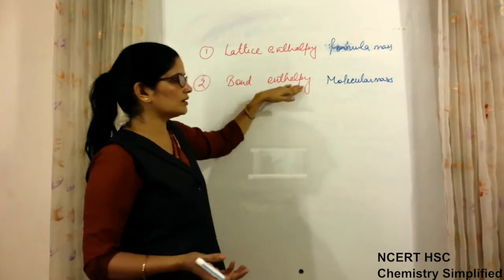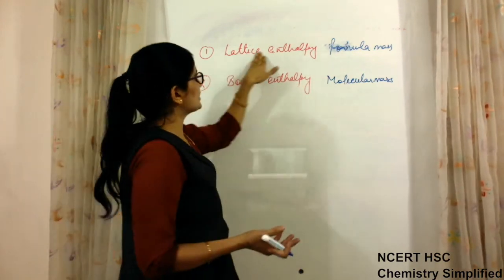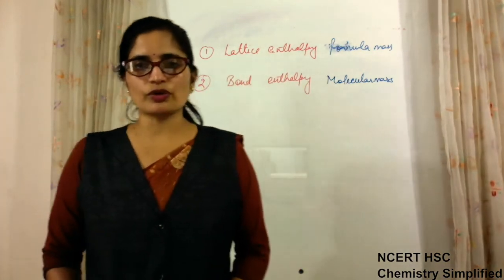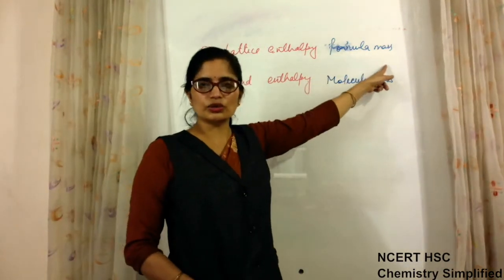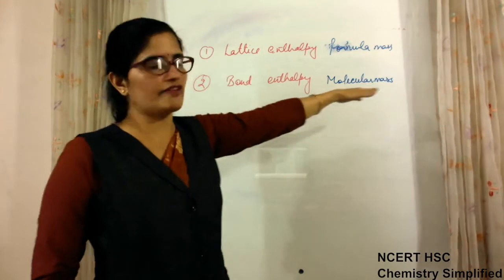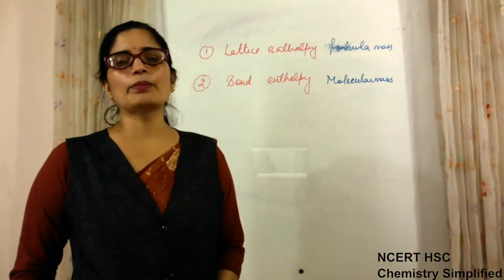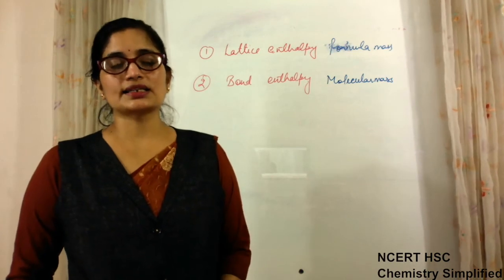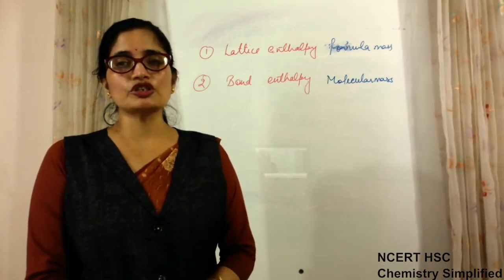Bond enthalpy is a common term which is used for all types of molecules, and lattice enthalpy is a term which is used for ionic compounds, just as the formula mass term is used only for ionic compounds. In the same way, lattice enthalpy is used for ionic compounds which form a lattice crystal. They are present in a crystalline structure because they have strong bonds.